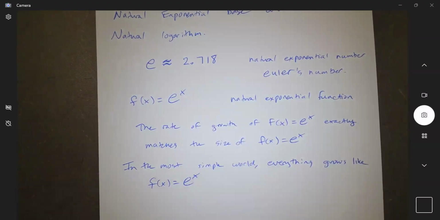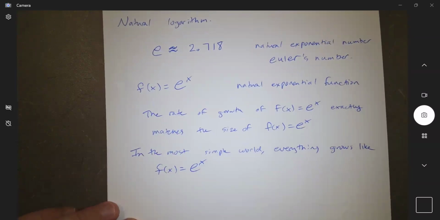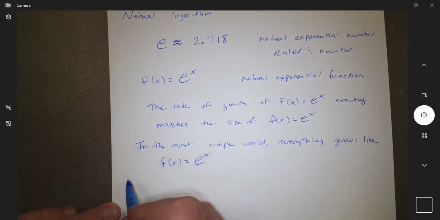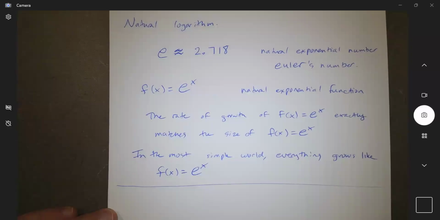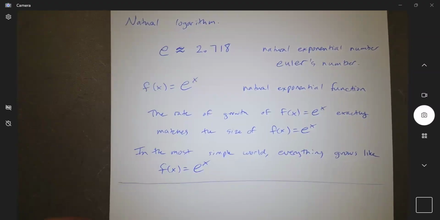You can use e to the x as the foundation of any growth formula, any exponential growth formula. It still works the same. E squared is 2.718 times 2.718. E to the ninth is 2.718 times 2.718 times 2.718, etc.